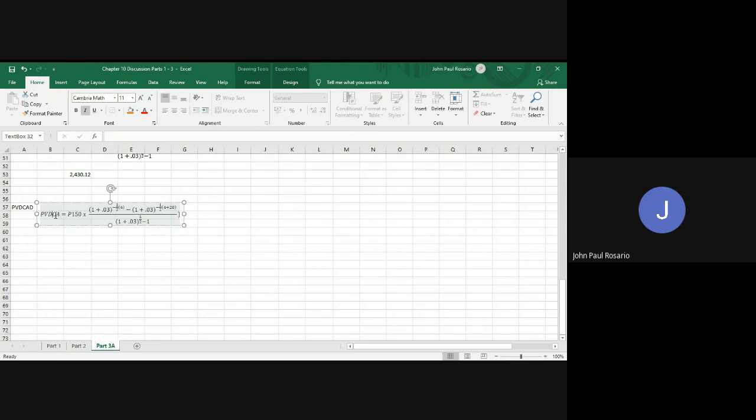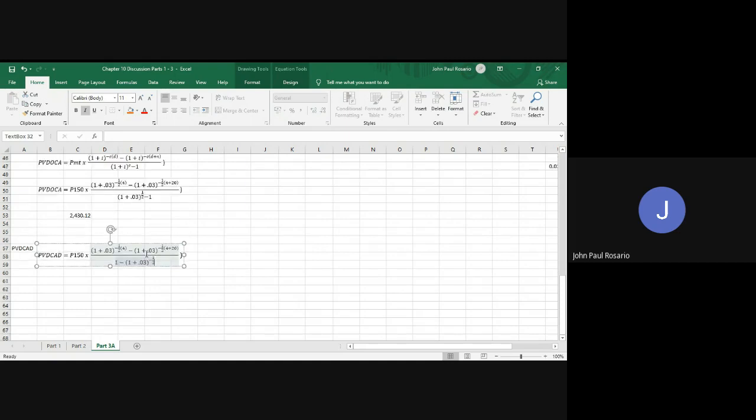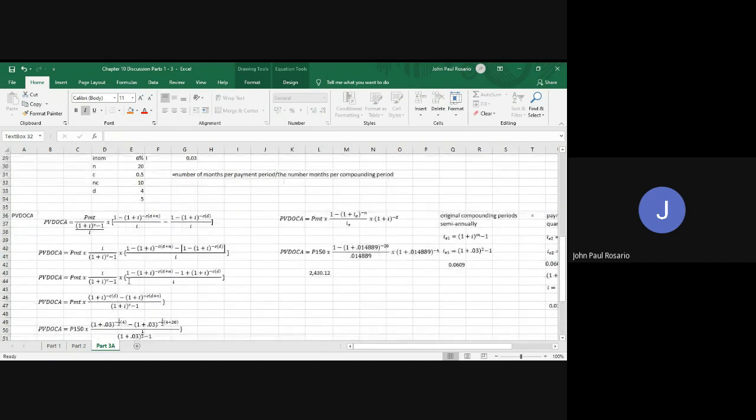I'm just guessing this formula based on the complex ordinary annuity formulas.